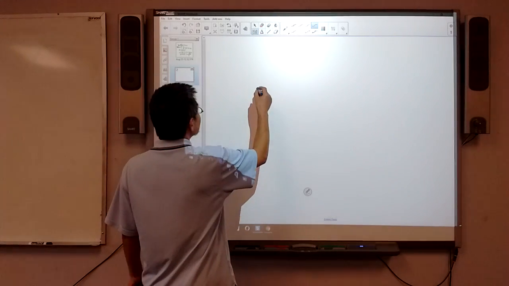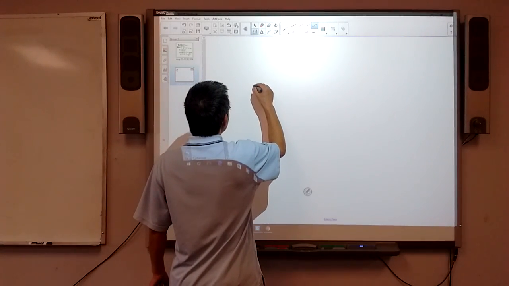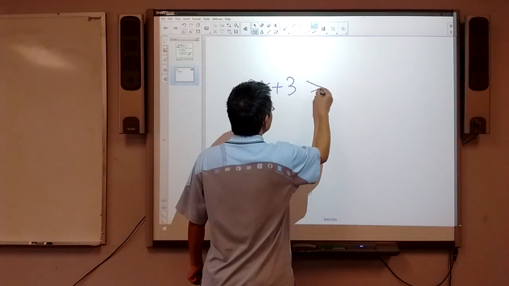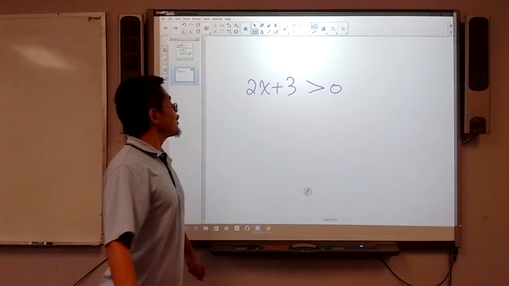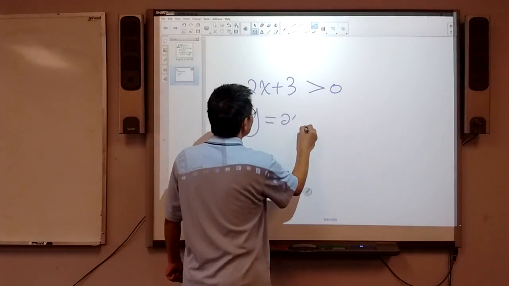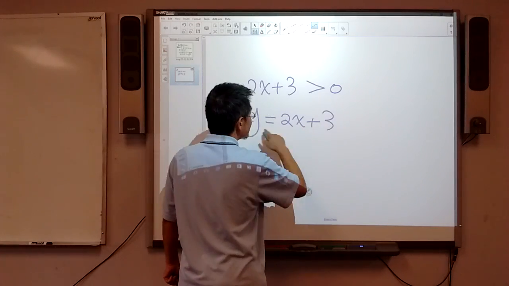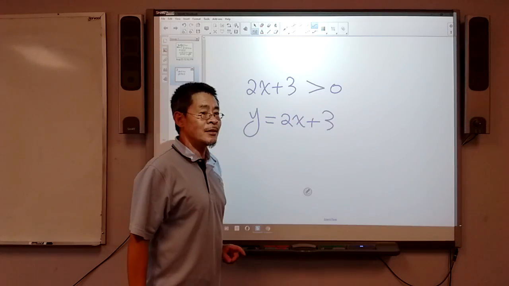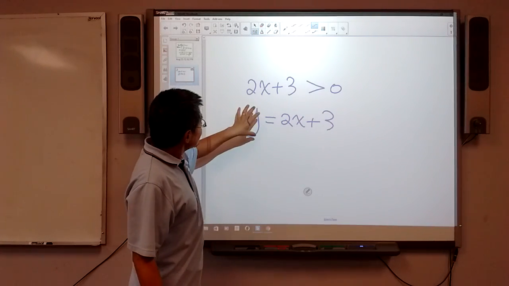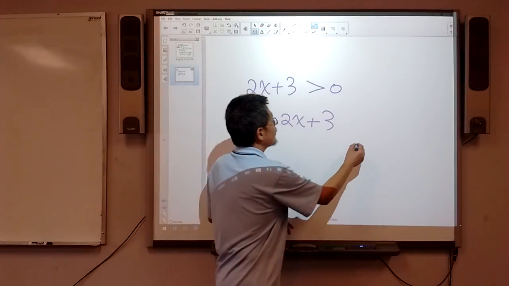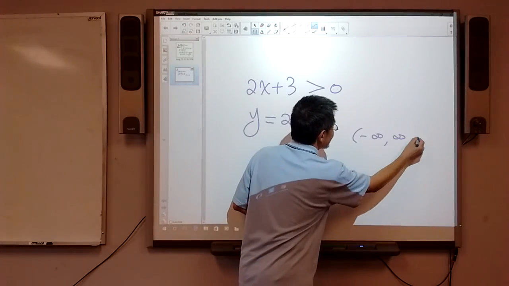So if we have something like, say, 2x plus 3 is greater than 0, which is different from this, but they are related. Now, this is a linear function, and this is called a linear inequality.